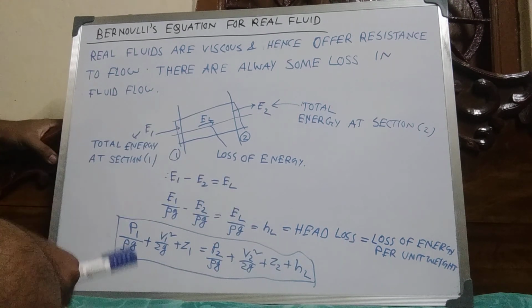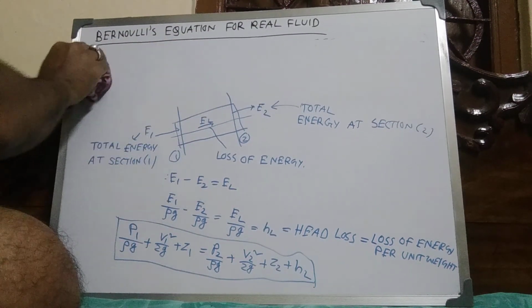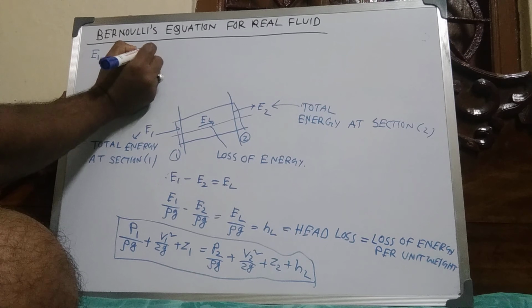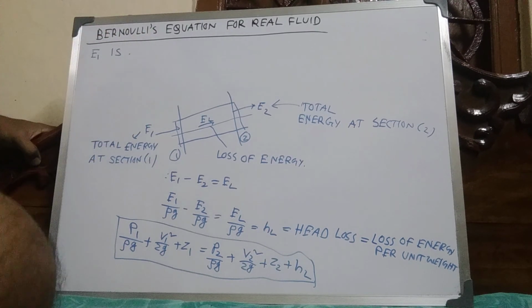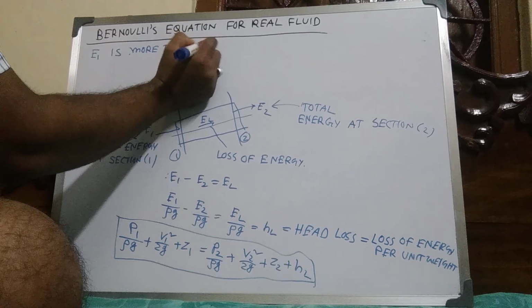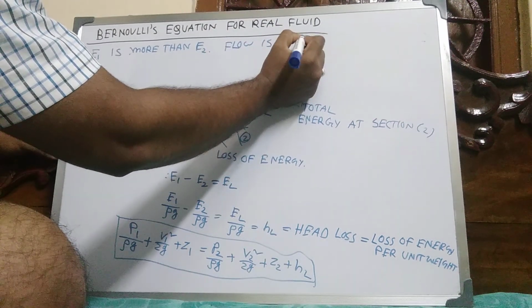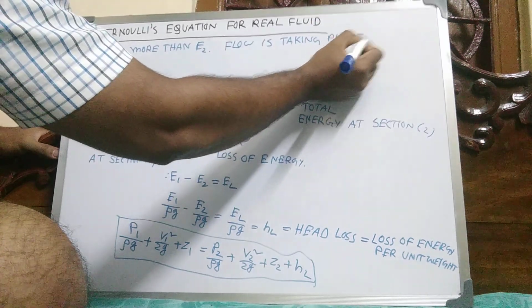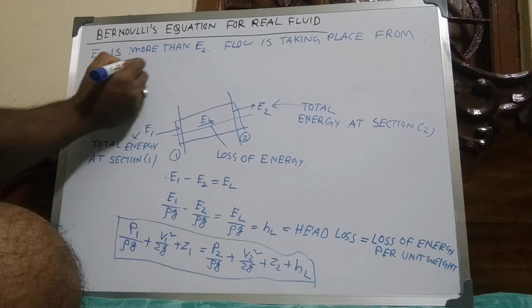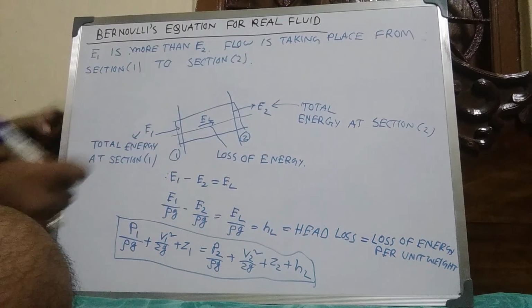And here E1 is more than E2, so the flow is taking place from section 1 to section 2.